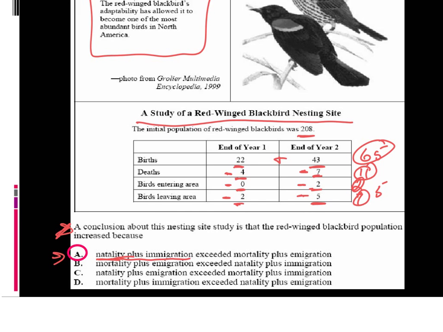Natality plus immigration exceeds mortality? Well, that's not even how we calculate population growth. And mortality plus immigration, again, that is not how we calculate population growth. So we come back to an answer of A here, because 65 plus 2, which is 67, is greater than 11 plus 7, so 18. Therefore, natality plus immigration exceeds mortality plus emigration.